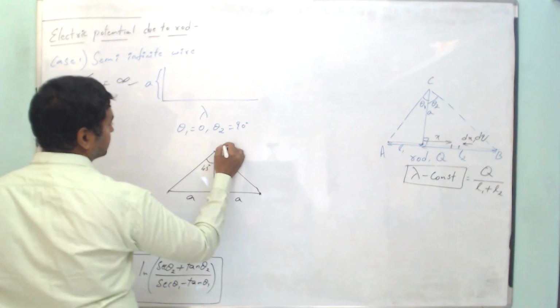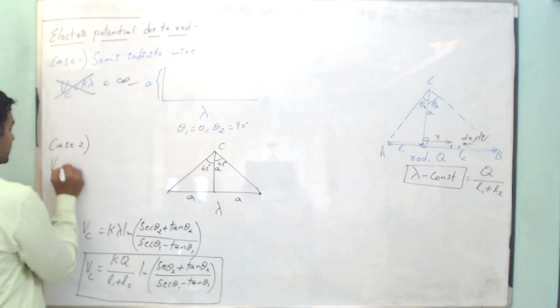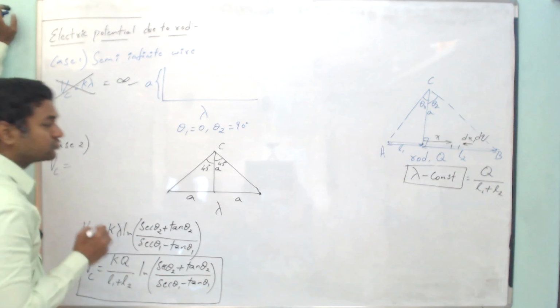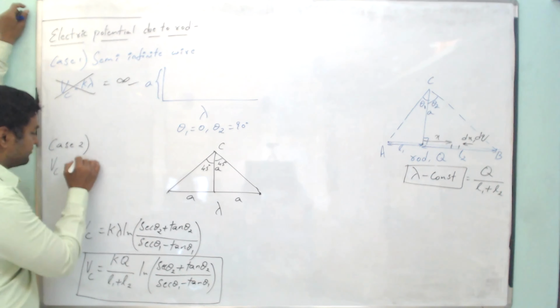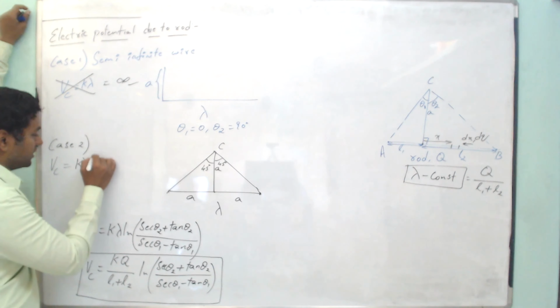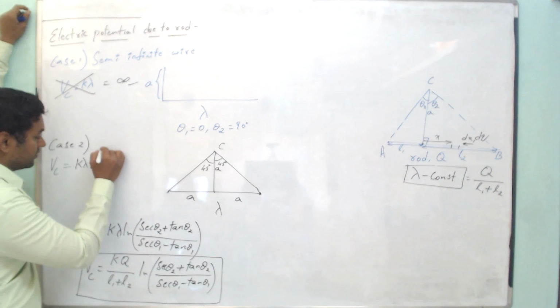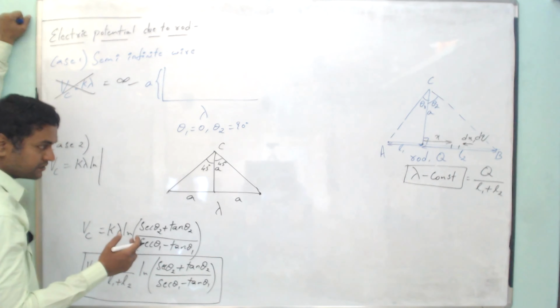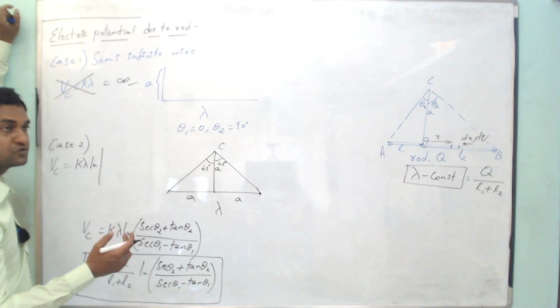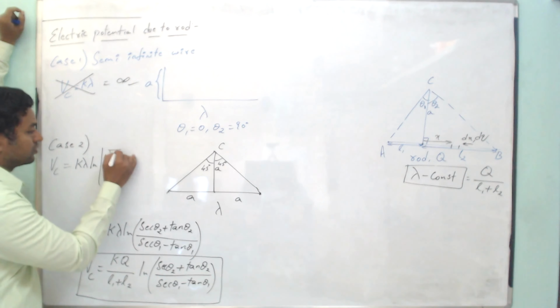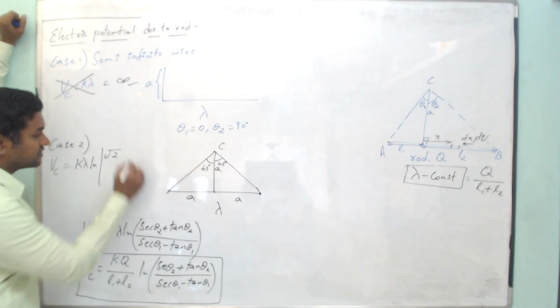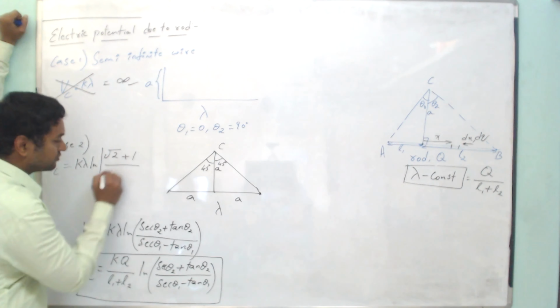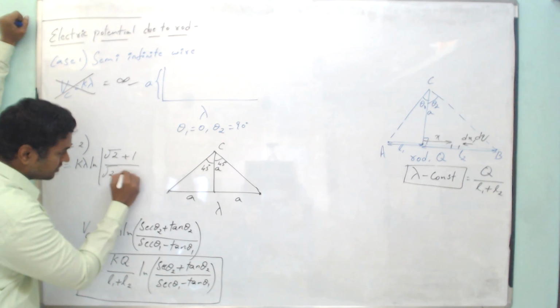If this point is C, then potential at that point C is equal to K lambda ln mod of secant 45 degree, which is root 2, and tan 45 is 1. So root 2 plus 1 by root 2 minus 1.